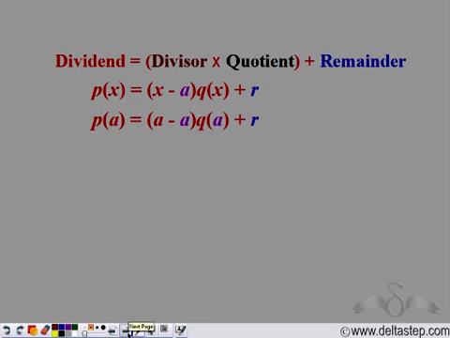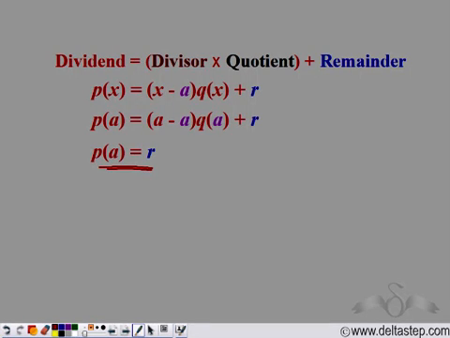This a minus a gives us 0. So 0 into q(a) will be 0. So we get p(a) is equal to r. This is what we have from the remainder theorem, that if we divide any polynomial by x minus a, we get p(a) is equal to r.